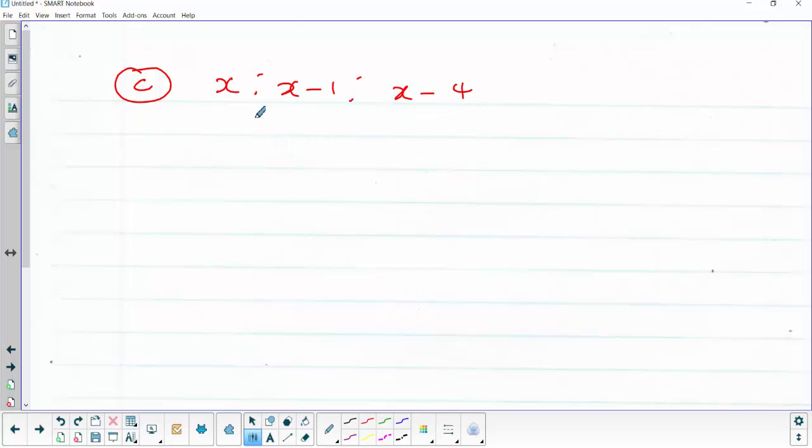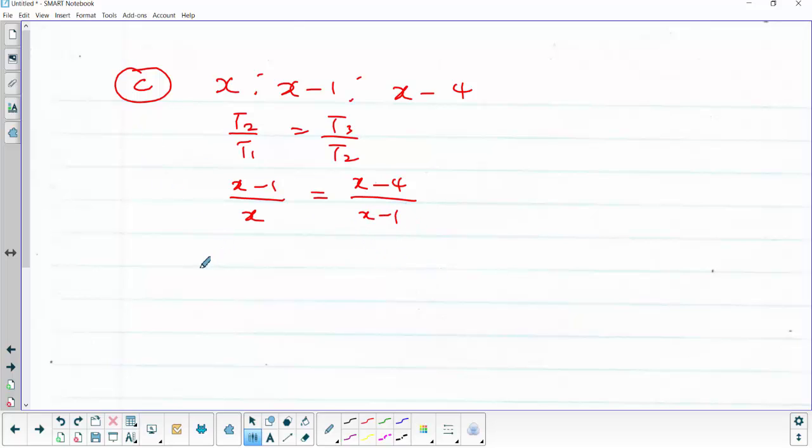We all know that to determine our common ratio is the same as T2 over T1 equal to T3 over T2. So let us try it now. Our T2 is x minus 1 over x equal to x minus 4 over x minus 1.